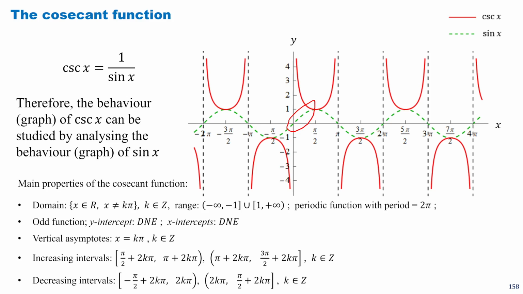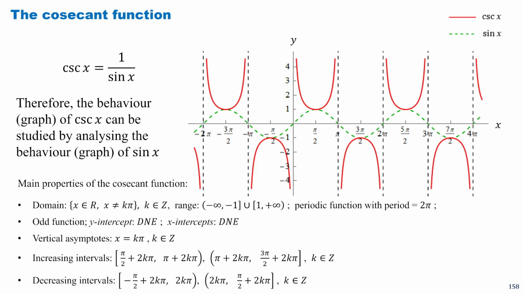And correspondingly, cosecant x will decrease from positive infinity all the way to this point, which is 1, right? And therefore, you can use similar methods to analyze the other branches along the x-axis of the graph of cosecant x. And note that these are the main properties of cosecant function.